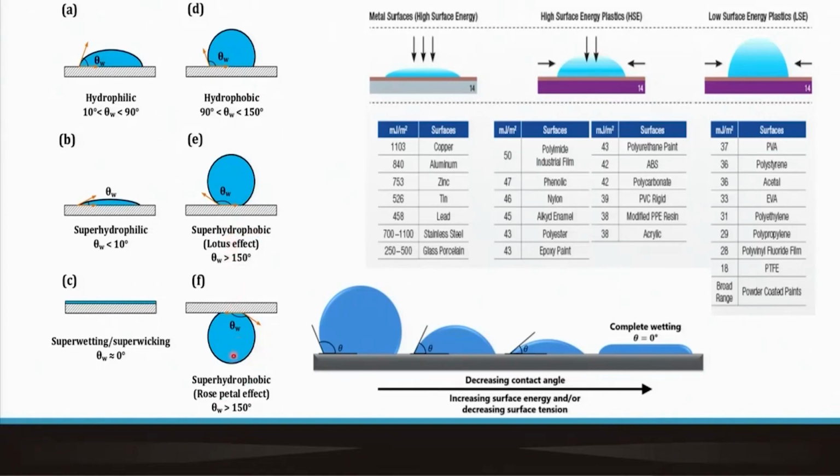So in the limit, you can create a super hydrophobic surface like what we see on rose petals. In fact, more than the lotus leaf, the rose petals will never allow any moisture to condense. Even if it condenses, it will trickle down. It will never cover the petal. So there the wetting angle is 150 degrees.